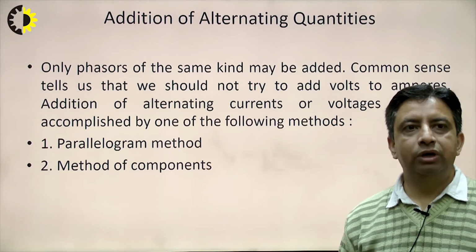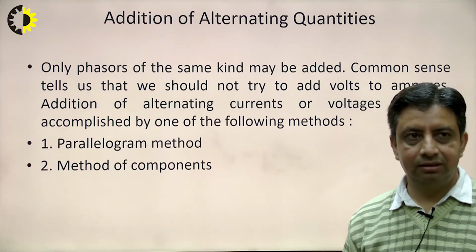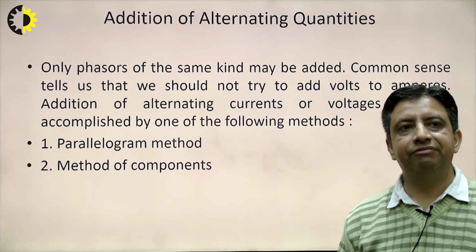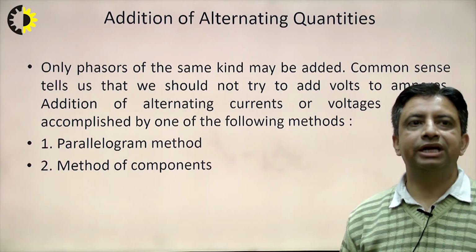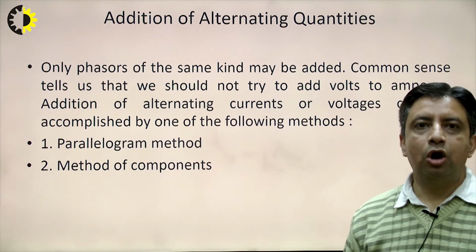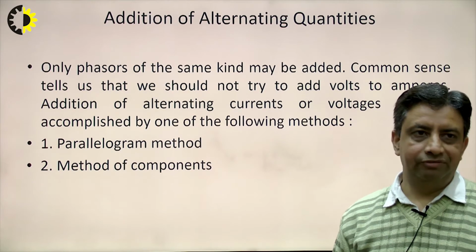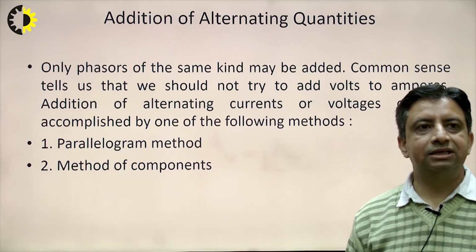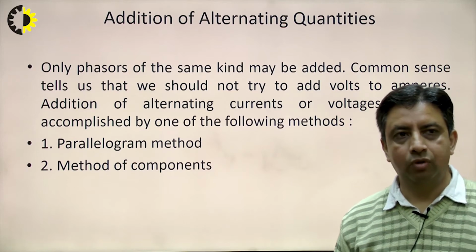A voltage phasor can be added to a second voltage phasor, and similarly a current phasor can be added to a second current phasor only. Addition of alternating currents or voltages can be accomplished by either of the following methods. The first method is called the parallelogram method and the second is called the method of components.